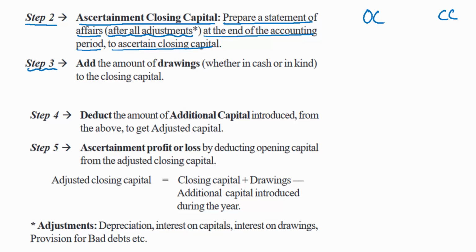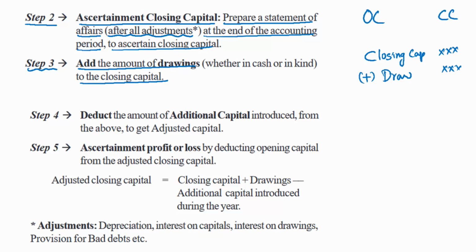Then step 3 is we have to add the amount of drawings to the closing capital. So the focus is we are going to start from the closing capital, and with this, we will add the drawings. That is our step 3.